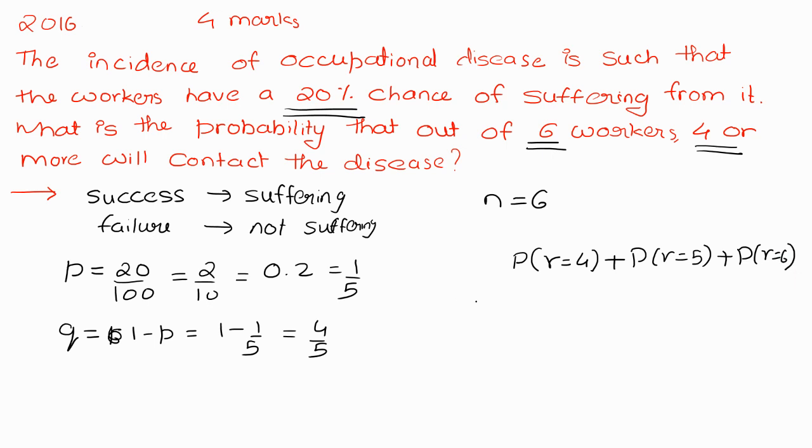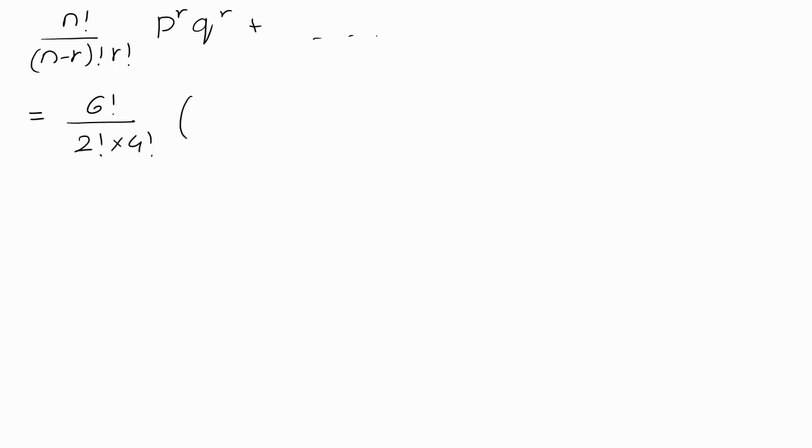So let me write it down here: n factorial upon n minus r factorial, r factorial, p raised to r, q raised to n minus r. I need to add up. For r equals 4, it will be 6 factorial upon 6 minus 4, that is 2 factorial, into 4 factorial, p is 1 by 5 raised to 4, q is 4 by 5 raised to 2, that is 6 minus 4 is 2.